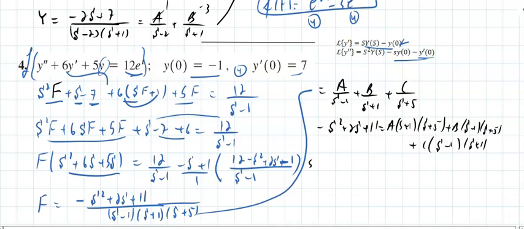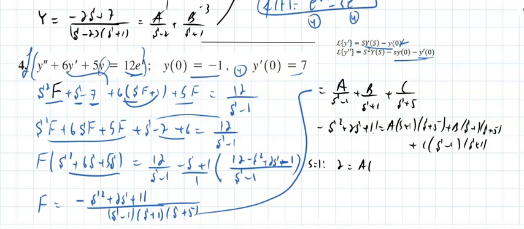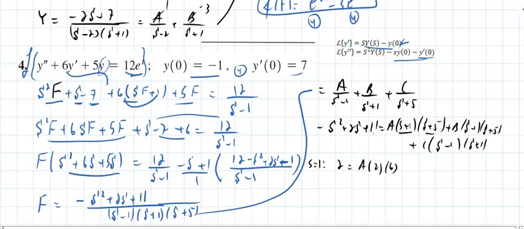So let s equal 1. I'll get 2 equal a times 2 times 6. Actually, that s equal 1: negative 1 plus 2 is 1, plus 11 is 12. So a is 1.